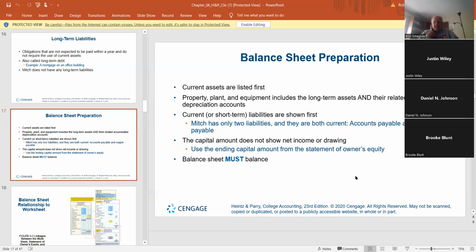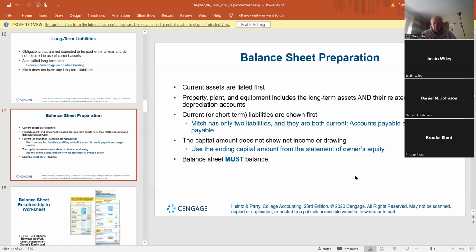Balance sheet preparation. Current assets are listed first, and that's going to become very important. And then you have your fixed assets, the property, plant, and equipment, and the accumulated depreciation account. And then on the liability side, you start with the current liabilities. The capital account does not show net income or drawing.